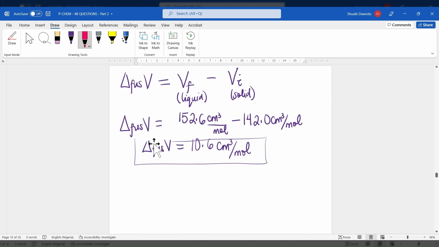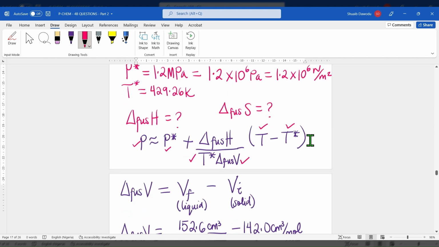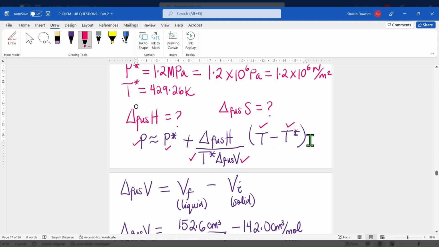We have centimeter cube per mole, but we were told to solve for the enthalpy of fusion, and enthalpy is related to energy. Basically, enthalpy is just heat energy at constant pressure. Enthalpy has joule per mole as its unit.